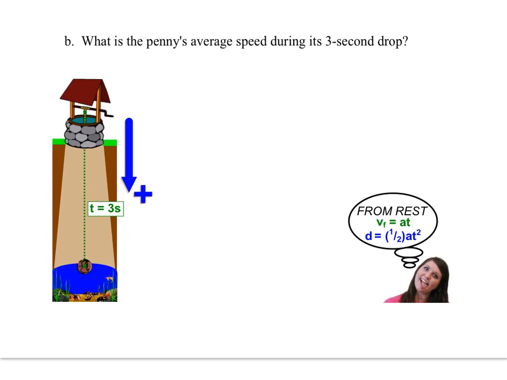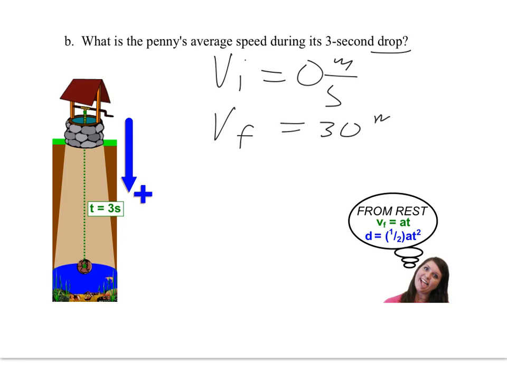Here in part B, it says, what's the penny's average speed during its 3-second drop? The key word there is that we drop, in which case the initial velocity is equal to 0 meters per second. In part A, we calculated a final velocity of 30 meters per second, so we can calculate an average velocity as the sum of the initial plus the final velocity divided by 2.